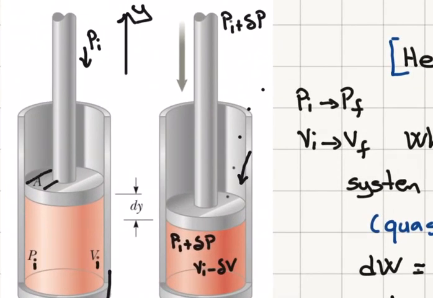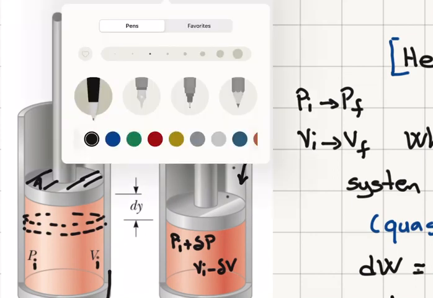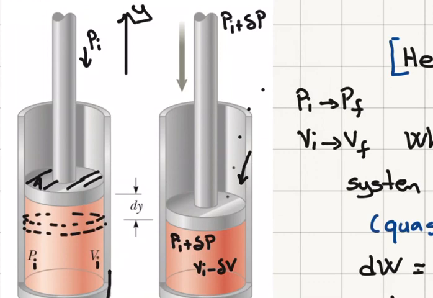The cross-sectional area of this piston, so that's area A. And as I compress it, this piston is moving down, and I have basically changed the volume by a certain amount. By how much? By this amount. This change in volume dV is going to be equal to the cross-sectional area of the piston times dy.